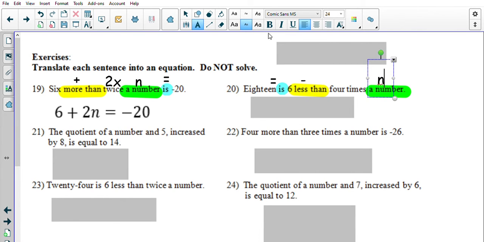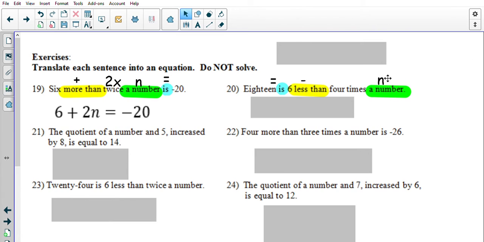Any variable works though. So 18 equals 6 less than 4 times a number, which is going to be 4n minus 6. Remember, for less than, we switch the order around, since if it's 6 less than something, we need to take 6 away from whatever that something is. In this case, 4n.